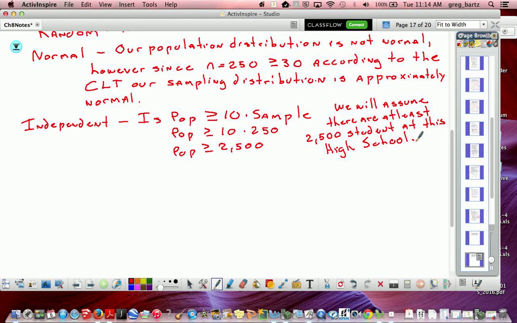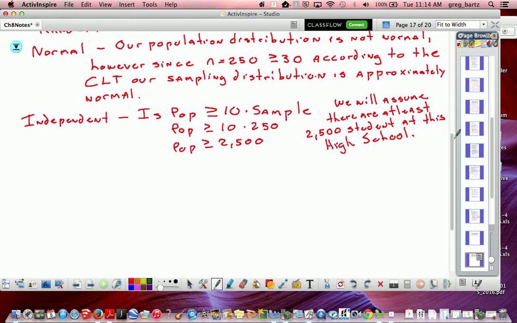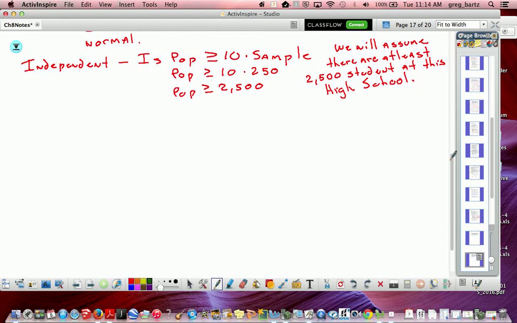All right, so are all of our conditions met? All right, so now it's time to actually construct the interval. So we're now doing the do. So x bar plus or minus t star times the standard deviation, whoops, wrong symbol, standard deviation of the sample over the square root of n.